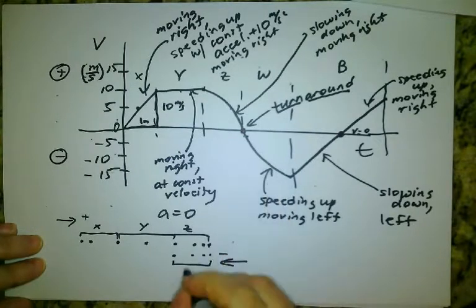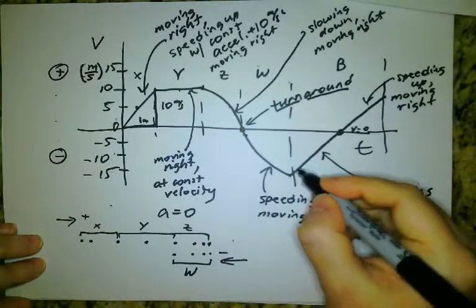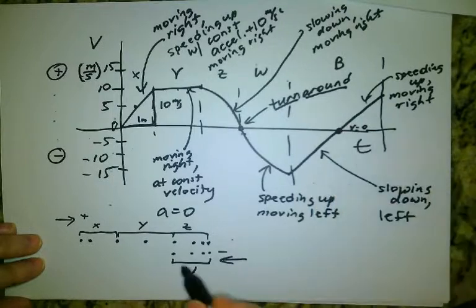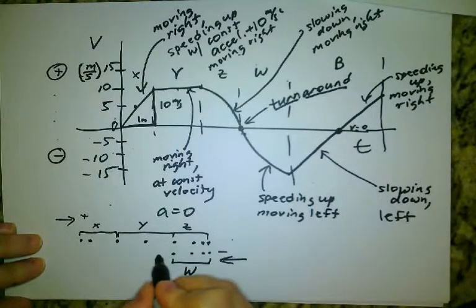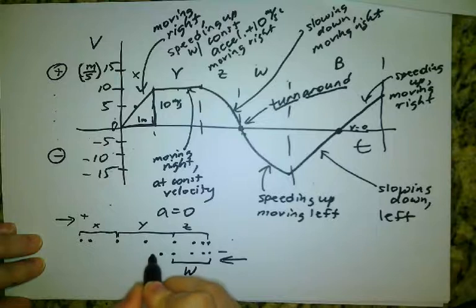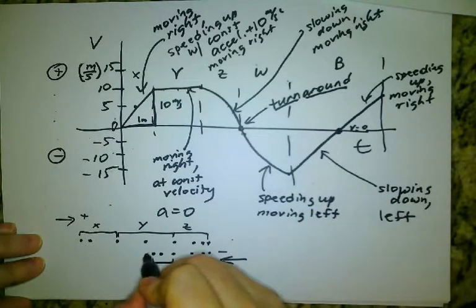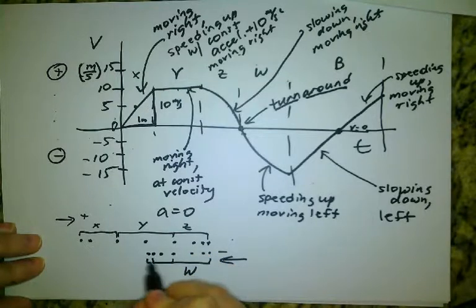So I might decrease my spacings. That's slowing down. I come to a brief halt. I'm not done with my B interval. Shouldn't have done that. Because now it looks like I reach a 0 speed and then I turn around to the right again and speed up at a constant rate.